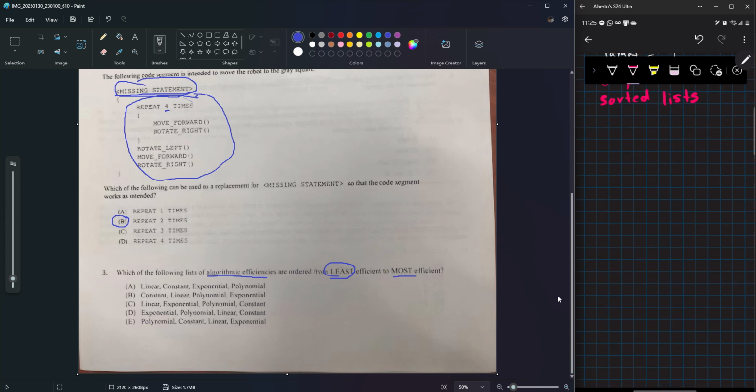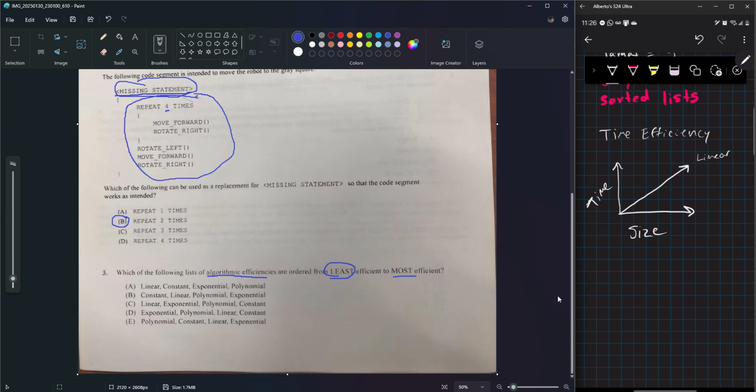So for time efficiency, remember that you have this graph with the size and the time. And so there were different kinds of efficiencies. So you have this one, which is linear.